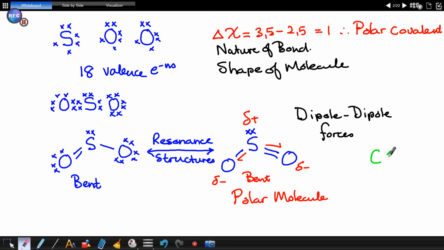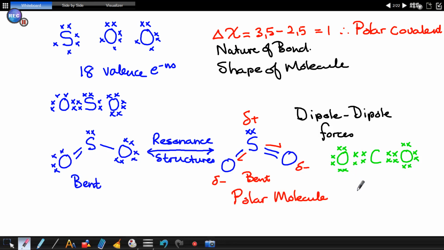So if you work out the structure of carbon dioxide for both carbon and oxygen to follow the octet rule with 16 valence electrons, there is a double bond between the carbon and each of the oxygens.